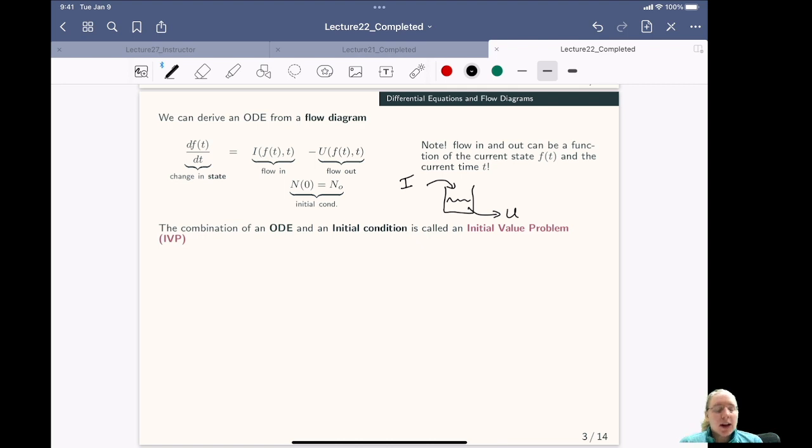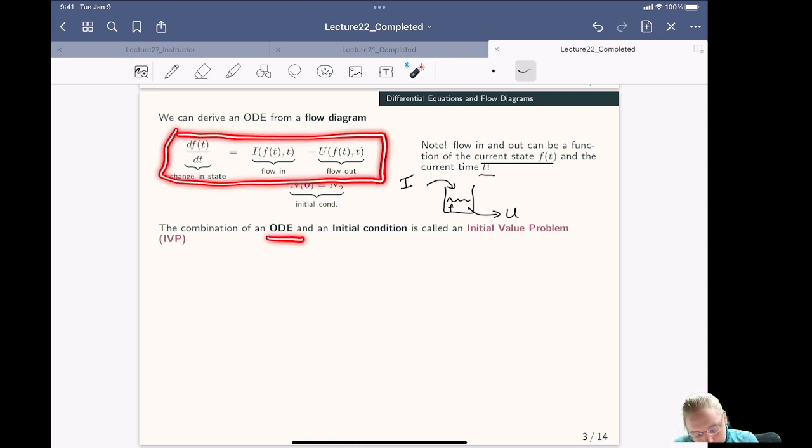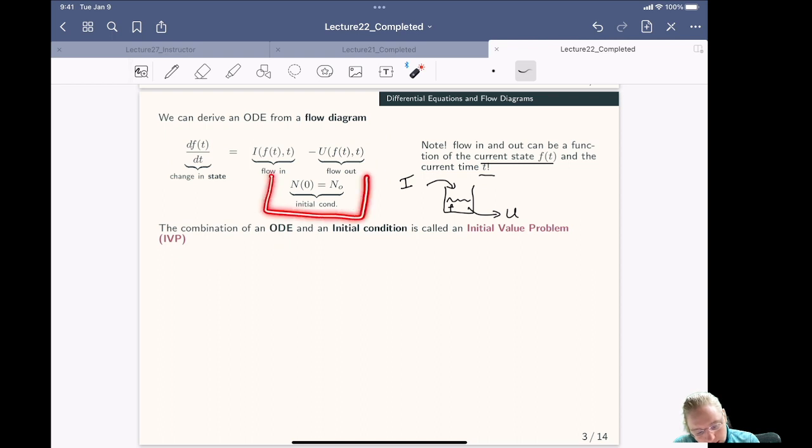The quantity inside this bucket is our state variable, which we call F, the current state of the system at some time t. And just like with a recursion equation, we need an initial condition. When we combine the ODE and the initial condition, these two things together make what we call an initial value problem, an IVP.